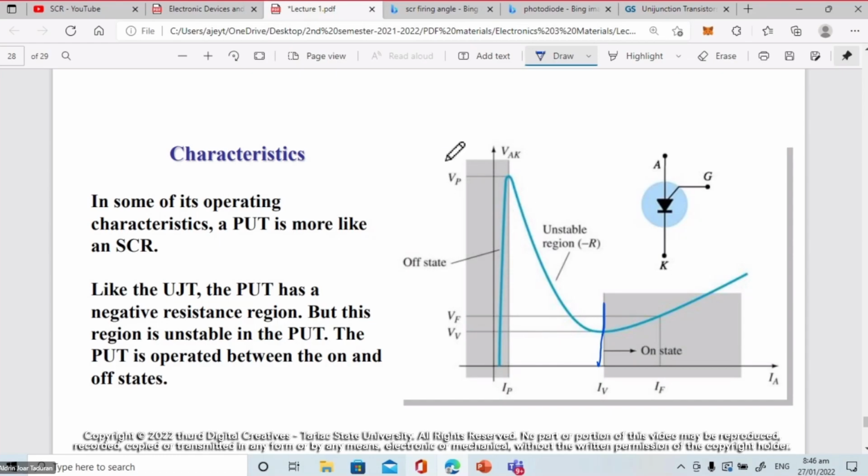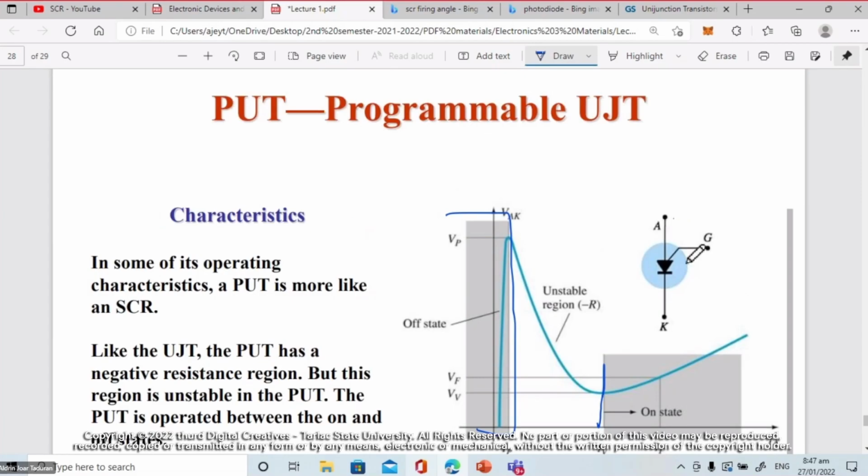So ito yung off state niya. Then ito yung unstable region. Still in this, our PUT will be turned off pa rin. Malaking pinagkaiba niya sa SCR, no? Parehas lang yung symbol pero yung SCR, yung gate niya connected sa cathode. Pero yung programmable UJT, connected siya sa anode.